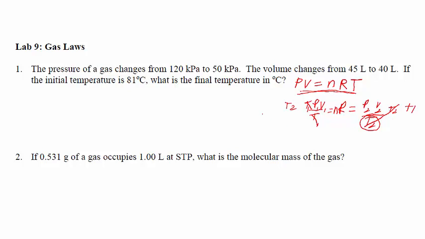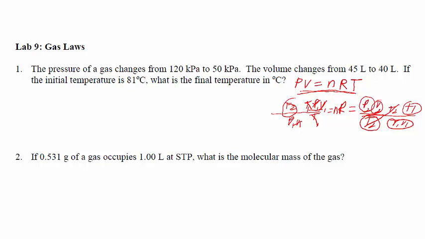And now we divide each side by P1 V1. And now it looks a little messy, but that actually gets rid of these. If you look at what doesn't get canceled out, I have T2, and everything else on this side is canceled out, equals P2 V2 T1 over P1 V1.